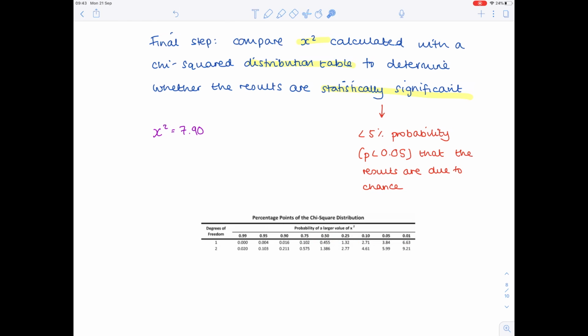Our chi-squared value came out at 7.90, which obviously sits at the higher end of the table. And that therefore means that this value here is applicable. So what we're saying here is that there is a less than 1% probability of our results being caused by chance, which is great news because that means that in this particular investigation our results are statistically significant.